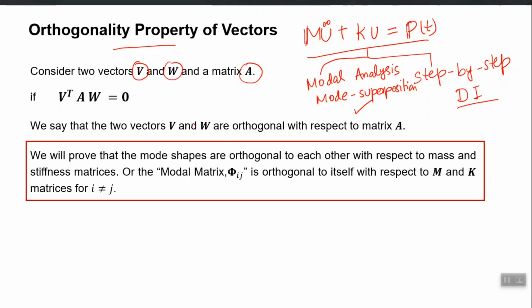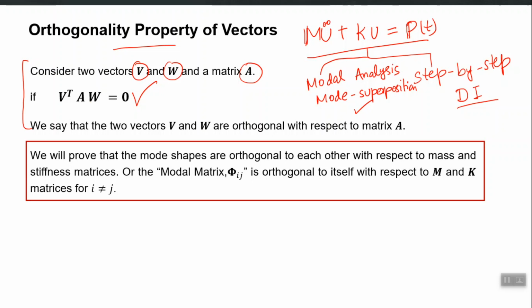So this is the definition of the orthogonality property: any two vectors V and W, if they satisfy this equation for any matrix A, we will say that they are orthogonal to each other with respect to A.